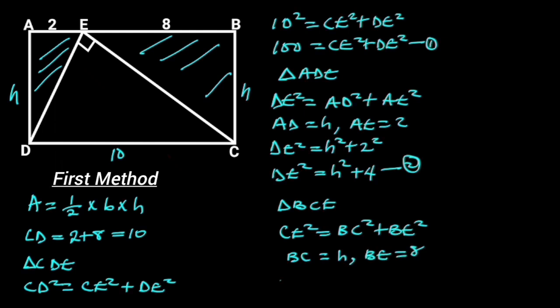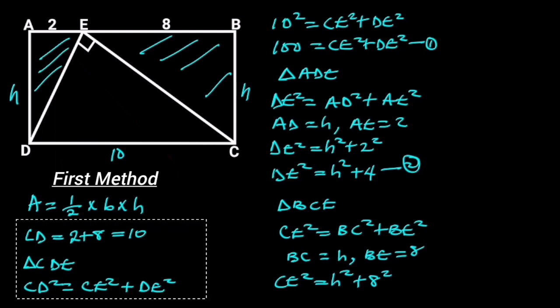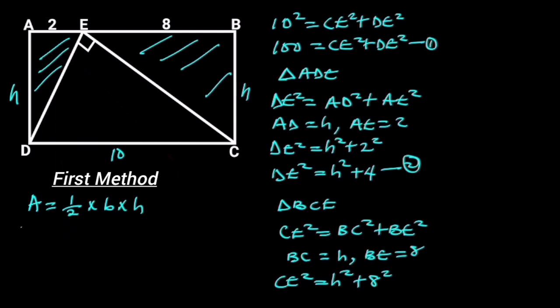It follows that CE squared is equal to h squared plus 8 squared. 8 squared is equal to 64. So, CE squared is equal to h squared plus 64. Let this be equation 3.